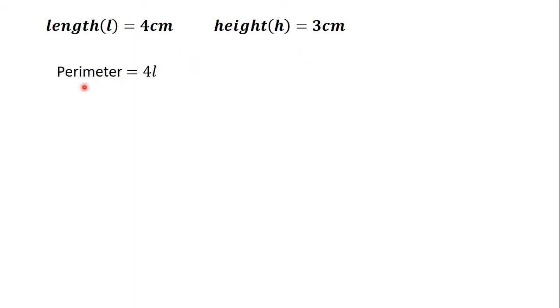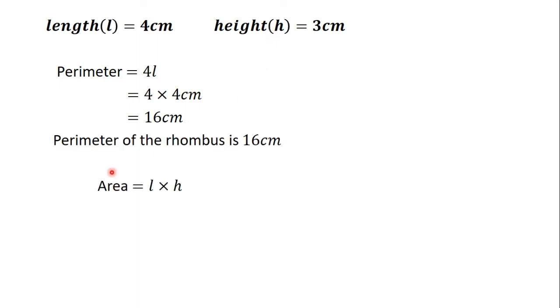The perimeter of a rhombus is 4 times the length. The length is 4 centimeters, so the perimeter is 4 times 4 centimeters, which is 16 centimeters. We have been given the length and the height, so to find the area of the rhombus, we are going to use the formula area is equal to length times height.